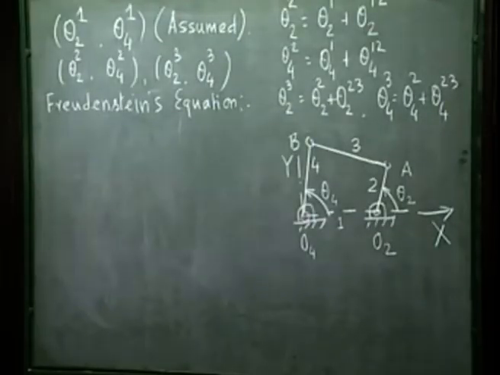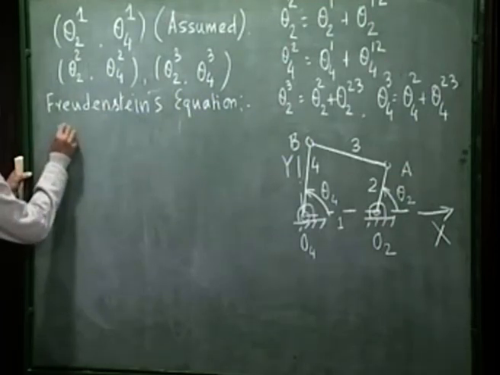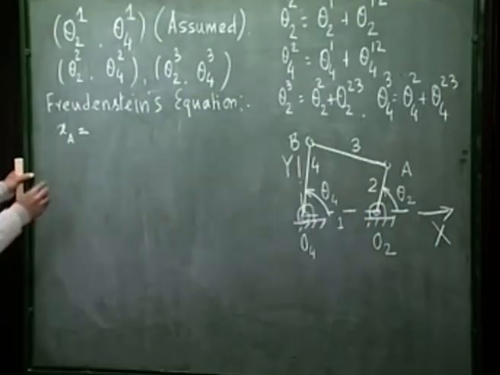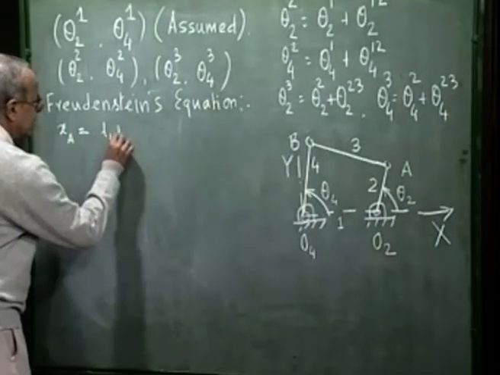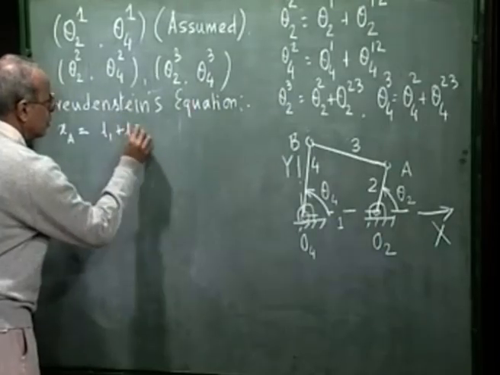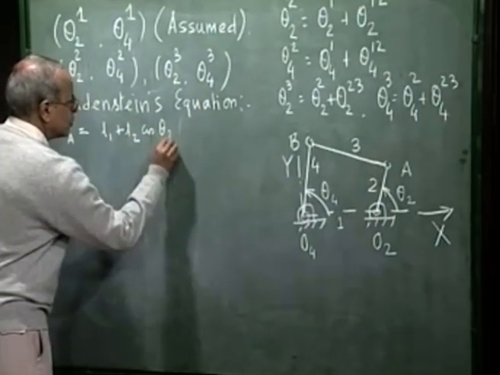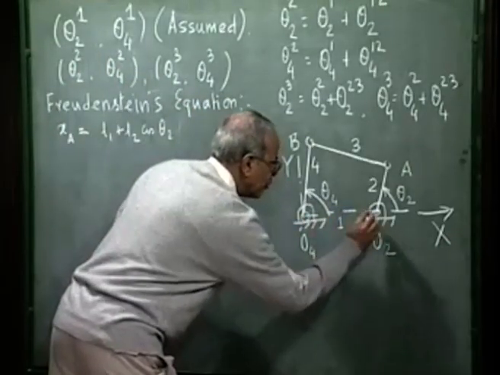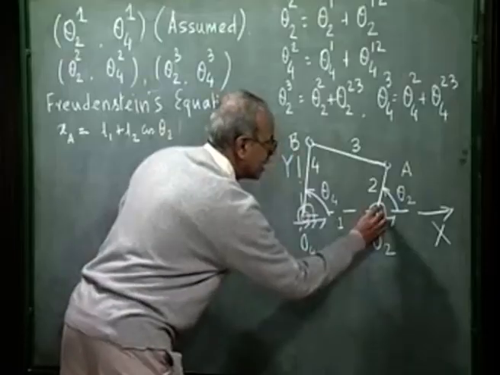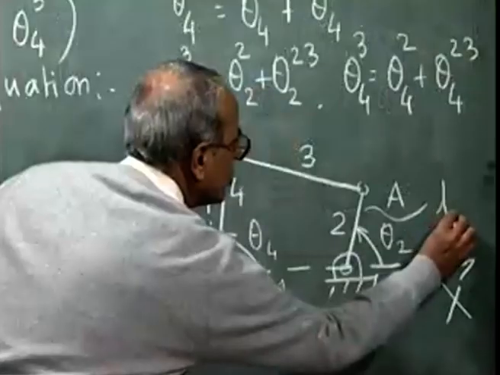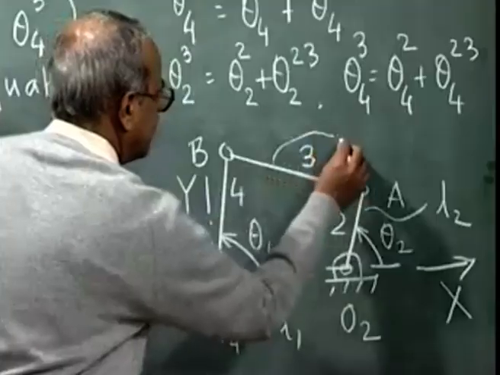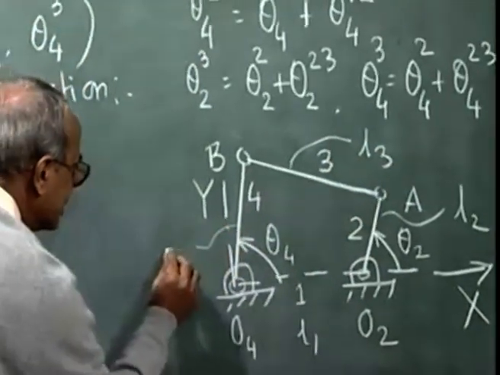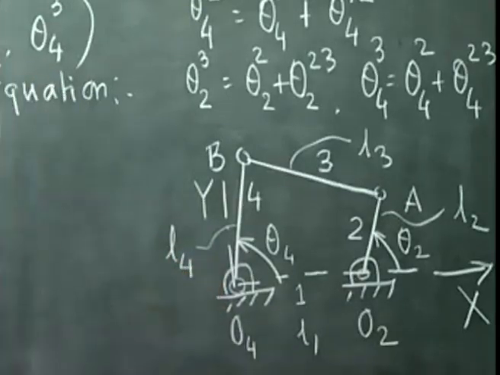Towards this end, we note that the x coordinate of the point A, x A, is given by L1 plus L2 cosine theta 2, where L1 is the length of the fixed link O4O2, this is L1, and O2A is L2, AB is the coupler length L3, and O4B is the follower length L4.